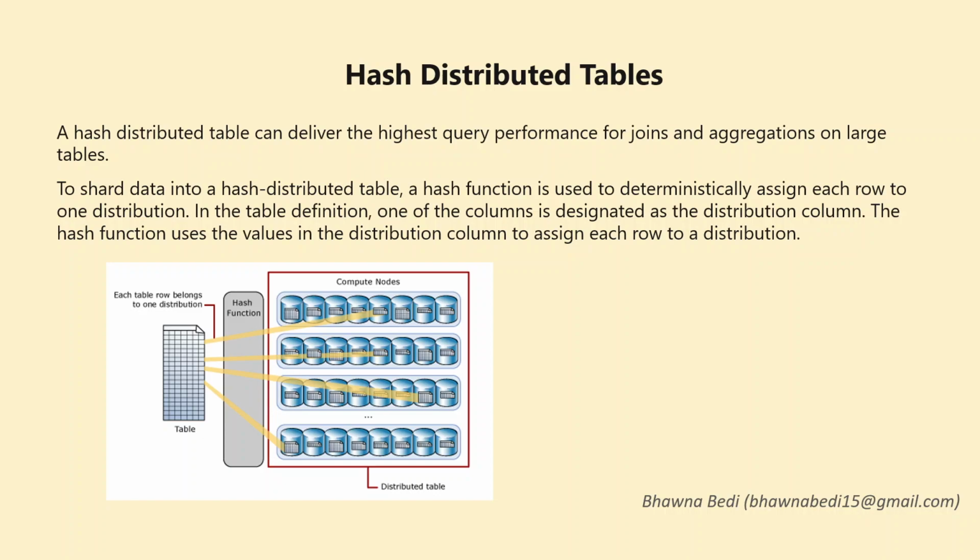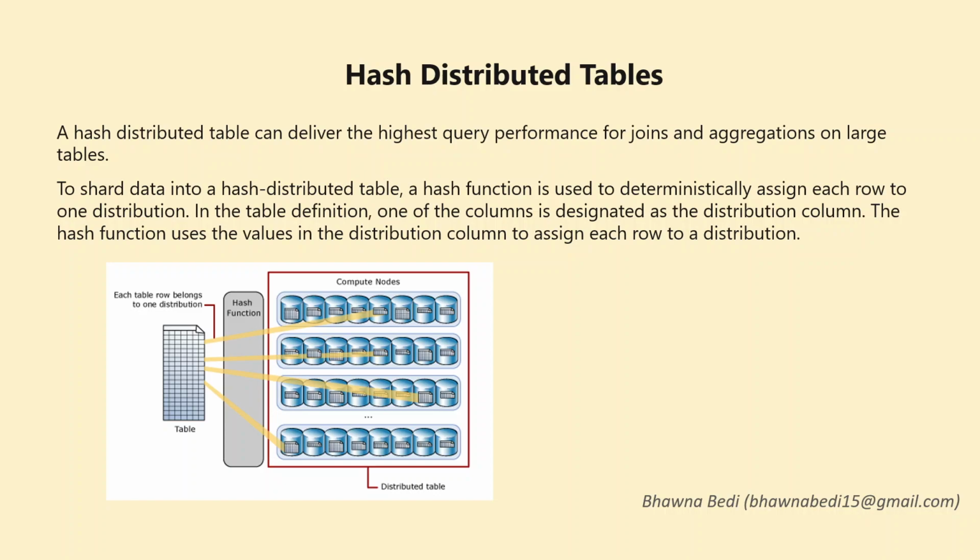That distribution column you need to choose based on various parameters, such as how your data is skewed on that particular column and what kind of queries you are going to perform. Based on that, you choose a distribution column, and using that distribution column, the hash function assigns each row to a distribution.